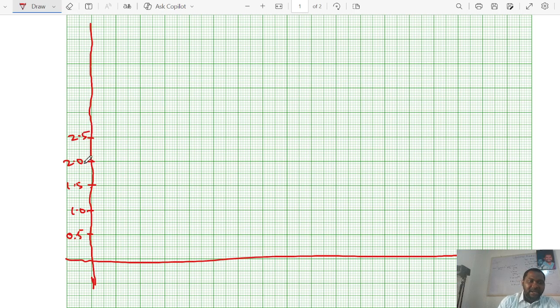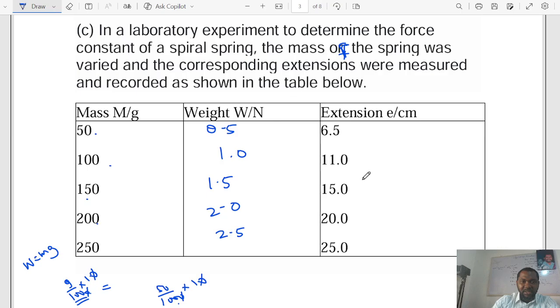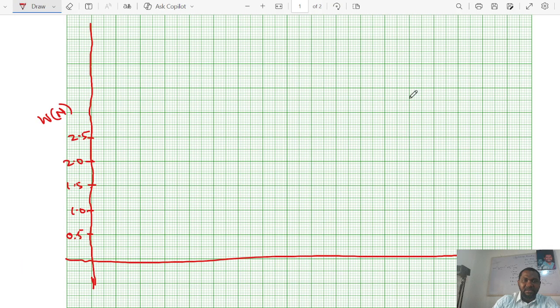Okay, then I can write here that W is in newtons, right? Then for the next one, extension. Based on what I can see here, from 6 to 5, I can use 5, 10, 15. So 2 centimeters represents 5, 10, 15, 20, 25, 30, and so on, 35, right?